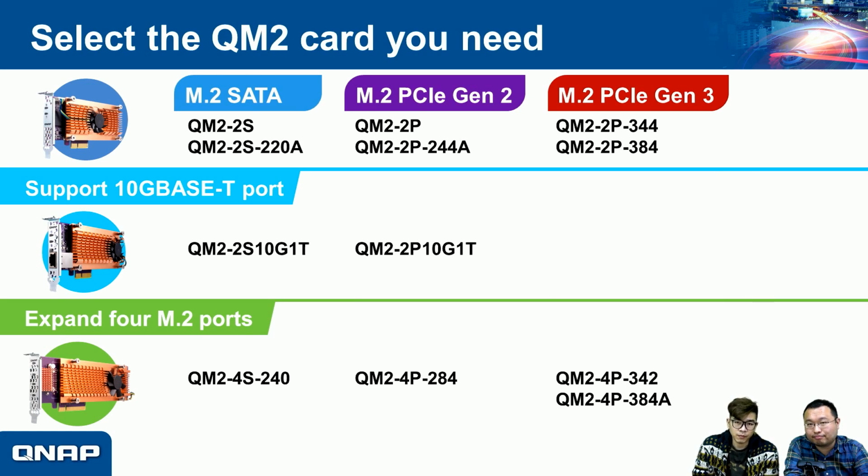That is a very important thing and very good news. We have checked the transmission speed. We can see that with or without the Qtier function on one NAS, the transmission speed has a very huge difference. So this is what we present to you today. We hope you like it.